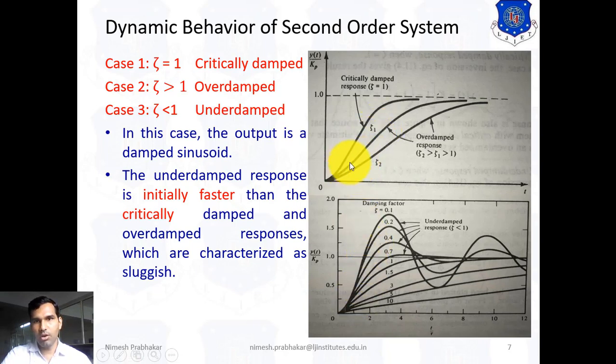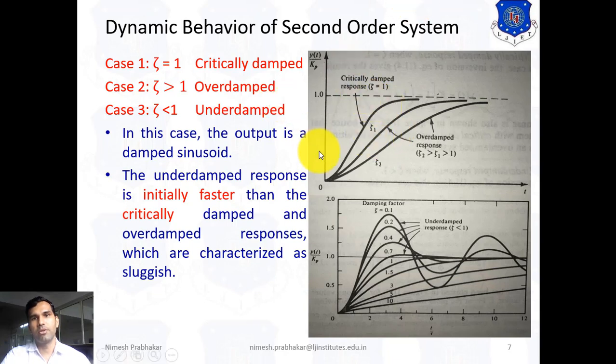See here, this is the overdamped response and this is the underdamped response. The underdamped response is initially faster compared to the overdamped response, which is characterized as sluggish.